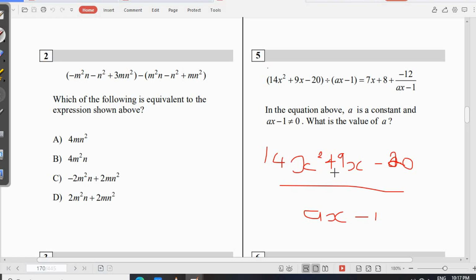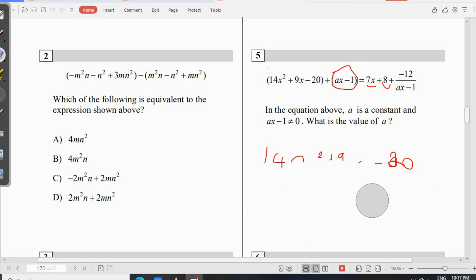So if you multiply everything through by ax minus 1, you are going to eliminate this ax minus 1 in here. Okay, and then each of these other places will be multiplied by ax minus 1. Alright, let's do that real quick. So when I multiply ax minus 1 times this, I'm going to clean up this ax minus 1.